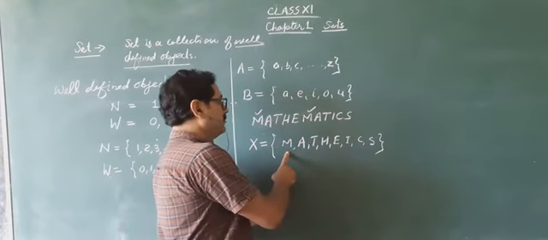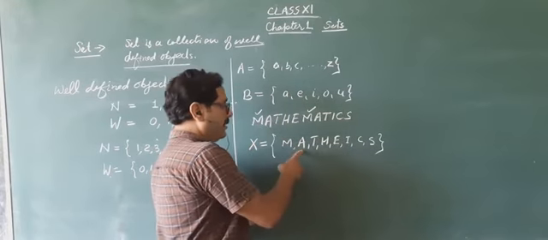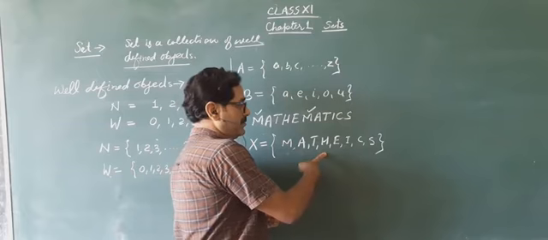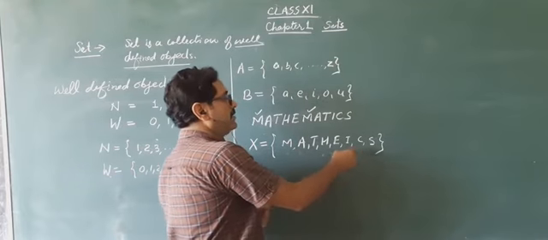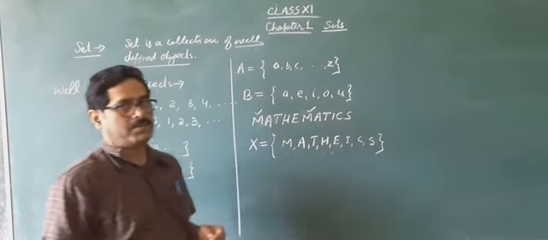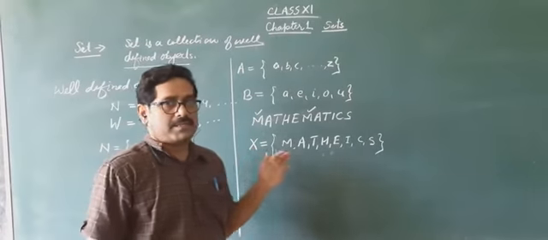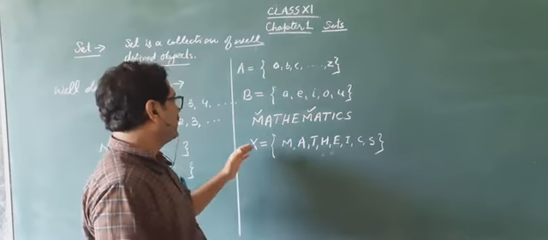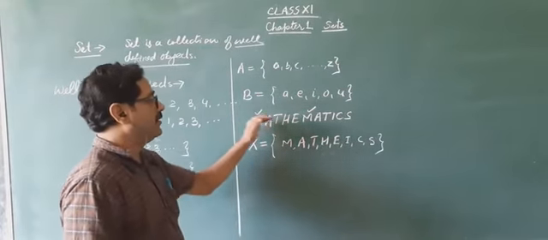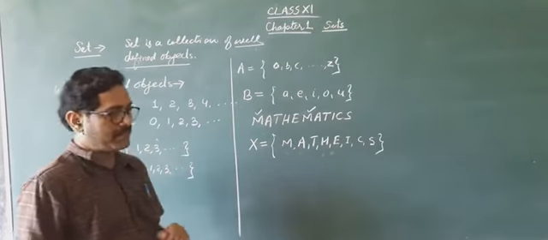So M once, A, T, H, E, I, C, S. So this is the set of letters of the word mathematics.